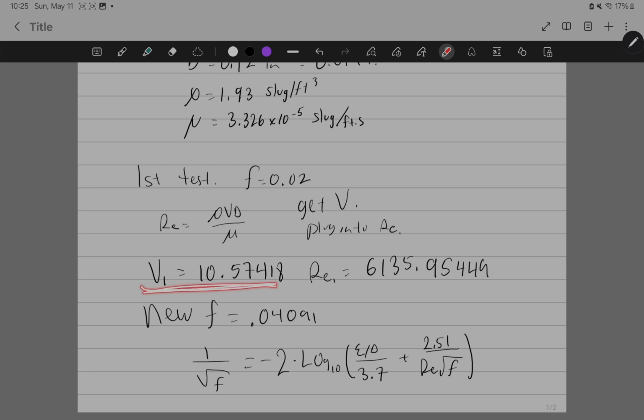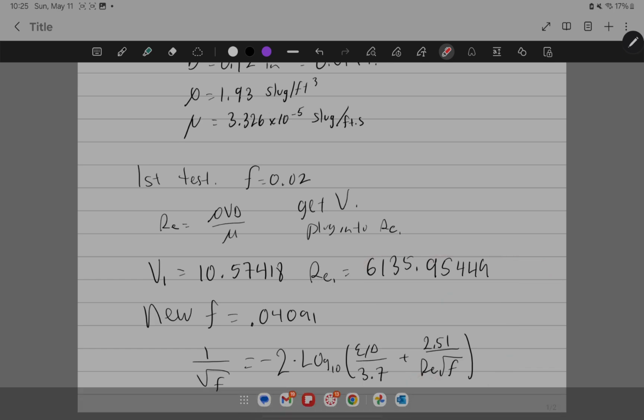We got a velocity of 10.57. Then we found that the Reynolds number with this velocity is 6135. And so you use the 6135, you plug it in there, and then you use your graphing calculator or Desmos to solve.